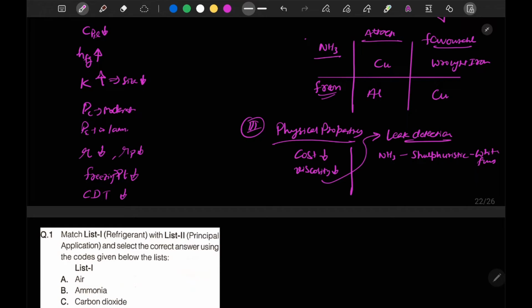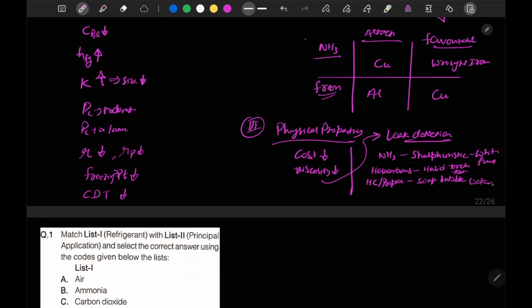Okay, now if we talk about halocarbons, then the halide torch test. Okay, if we talk about hydrocarbon or propane, then it should be the soap bubble water test.